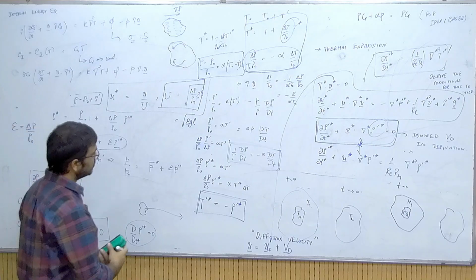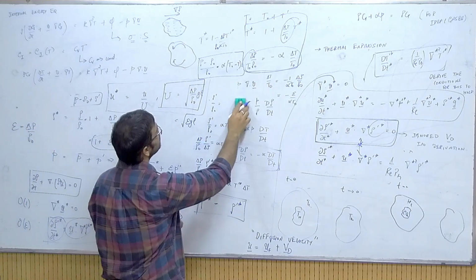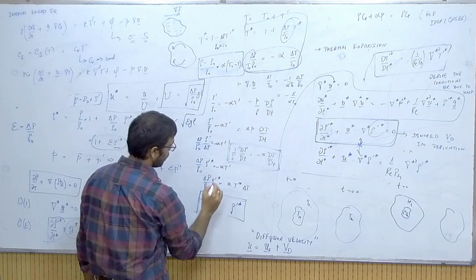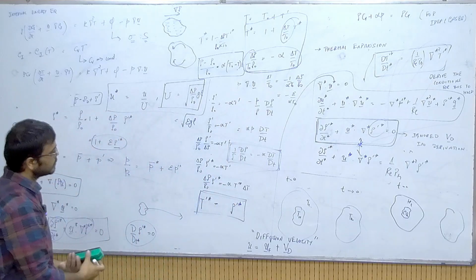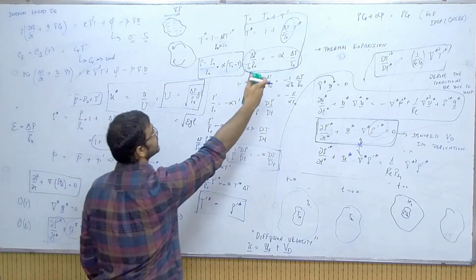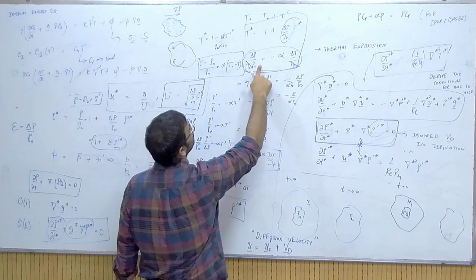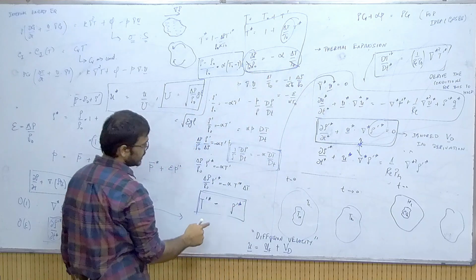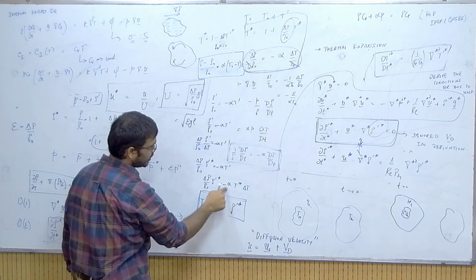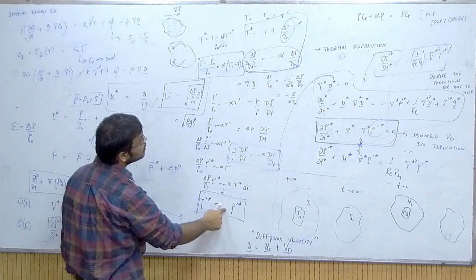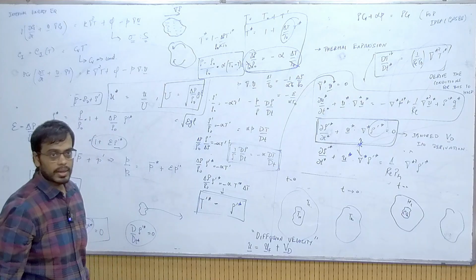Oh, no, there won't be a minus, because here I missed the minus. This was minus alpha T prime. Now substitute this relation: delta rho by rho naught equals minus alpha delta T. That gives you T prime star equals rho prime star.